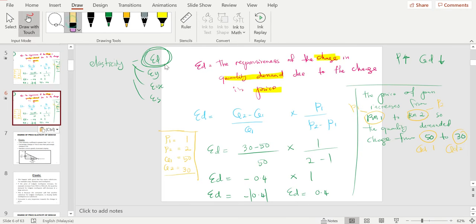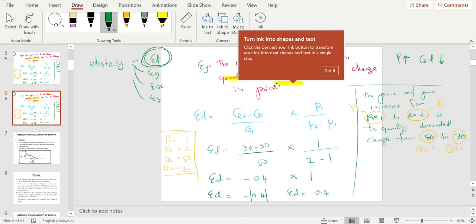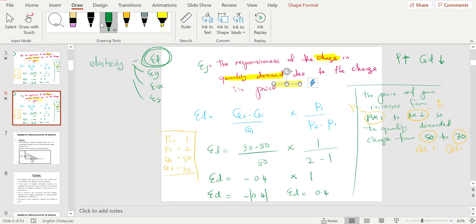So here, it's EY, the responsiveness of the change in quantity demanded to the change in income. The changes here will be changes in income, so the formula will change here.